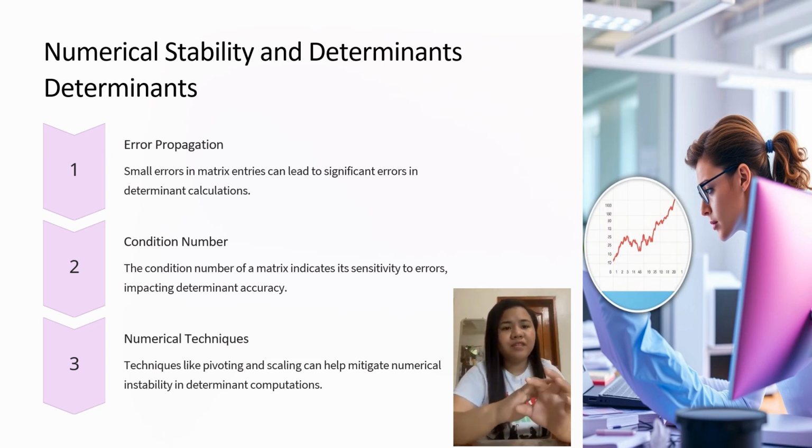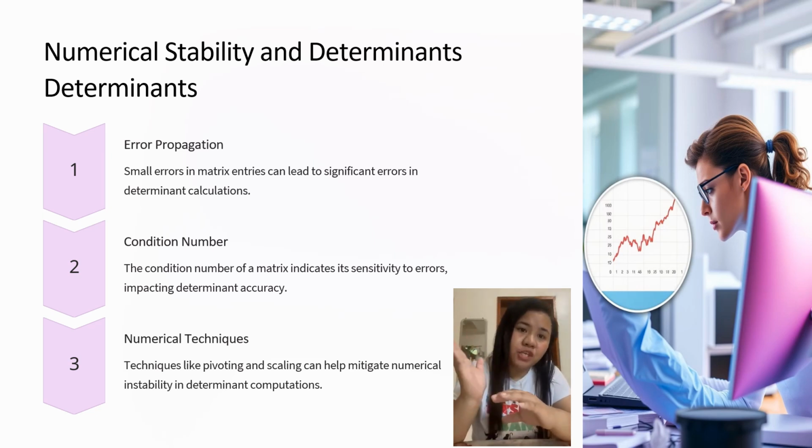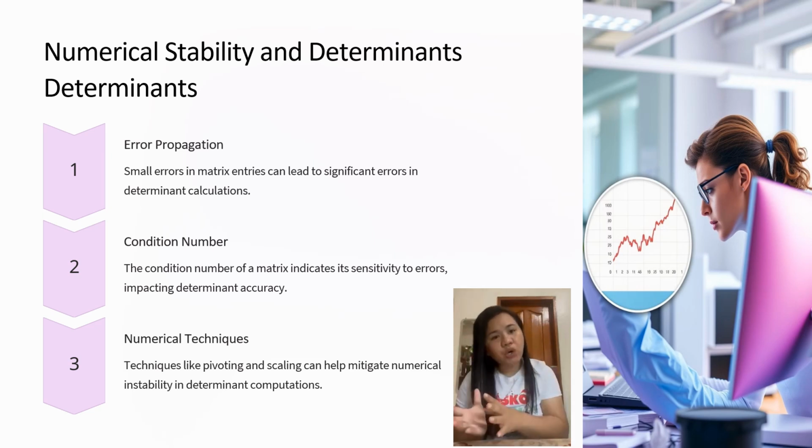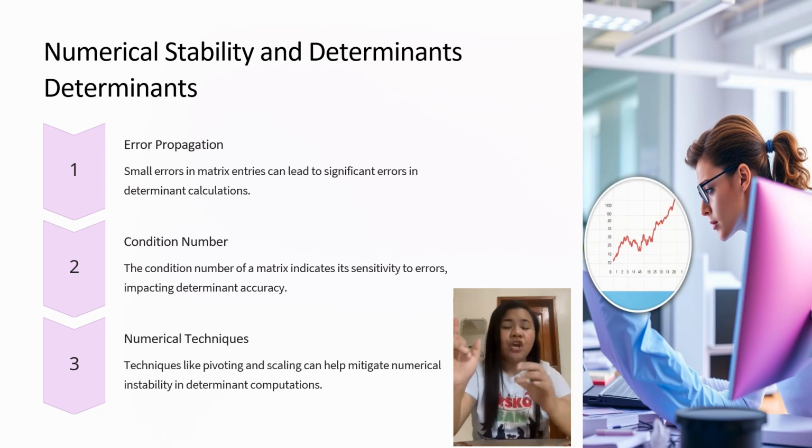We also have error propagation: small errors in matrices can lead to significant errors in determinant calculation. You also have the condition number. The condition number of a matrix indicates its sensitivity, which impacts determinant accuracy.